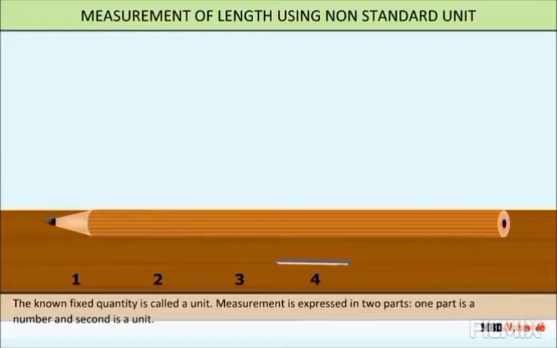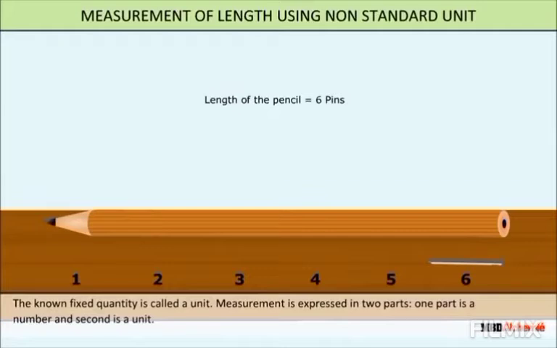The non-fixed quantity is called the unit, and a measurement is expressed as a number and a unit. So we will write it as: length of the pencil is equal to 6 pins.